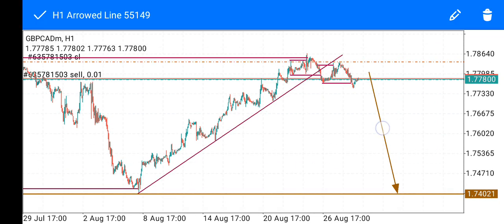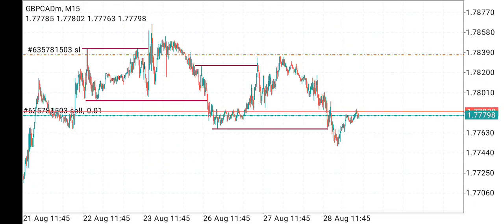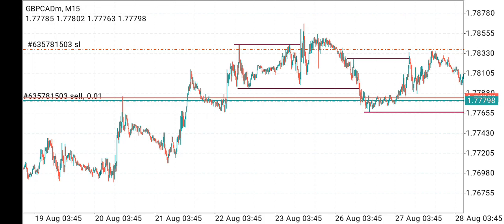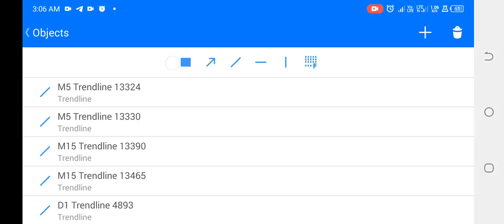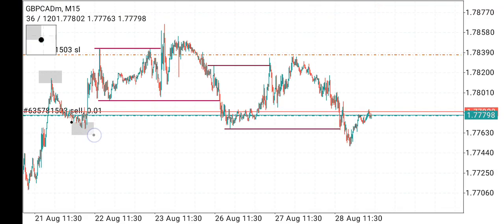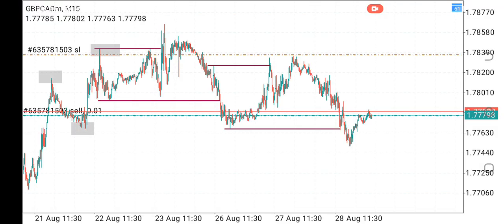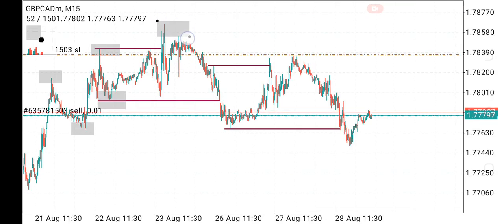If we want to confirm whether it's a downtrend, then let's go back to the 15-minute time frame. In the 15-minute time frame, you can see that the market was printing higher highs, higher lows, higher high, higher low, and then the last one it prints a higher high.